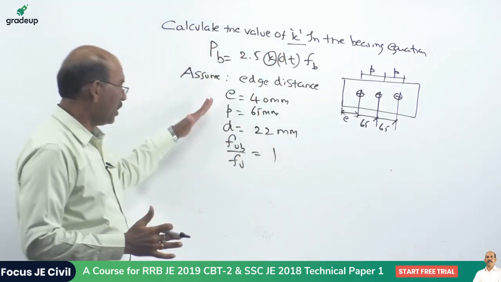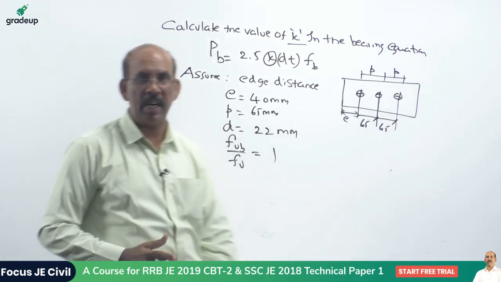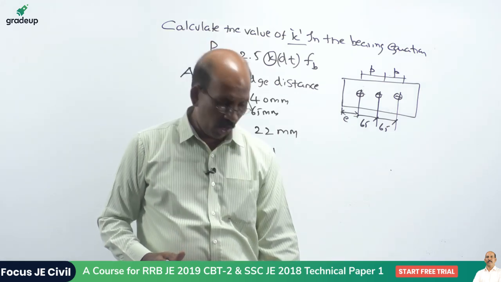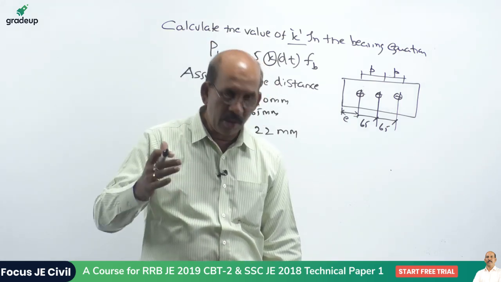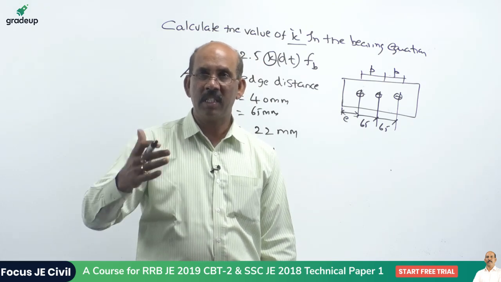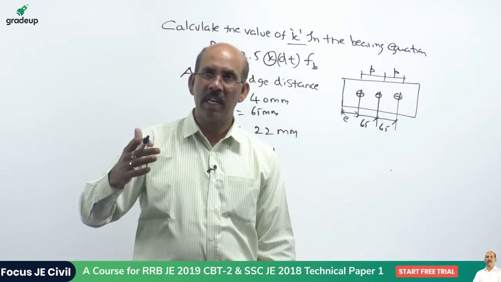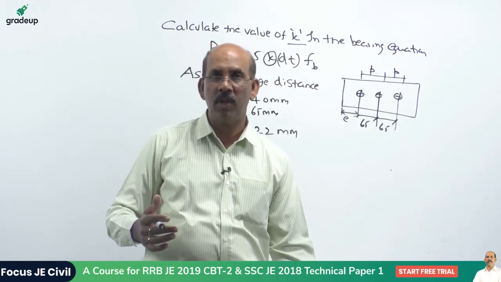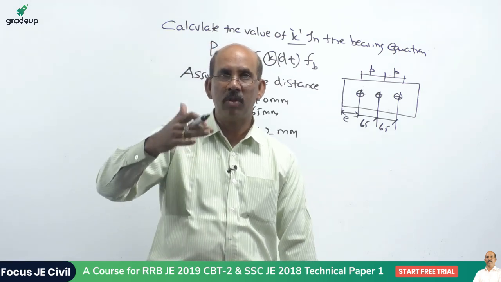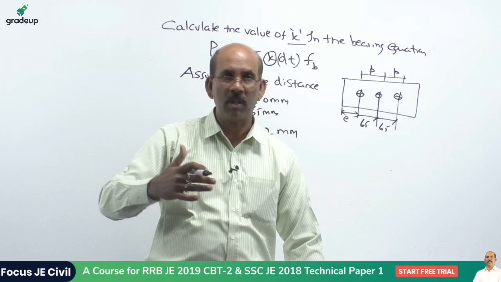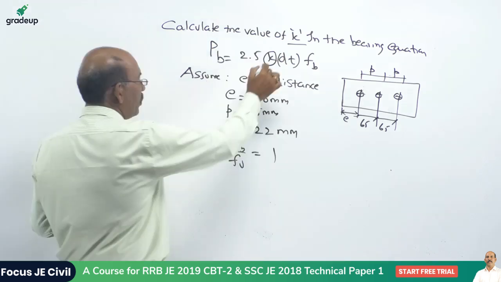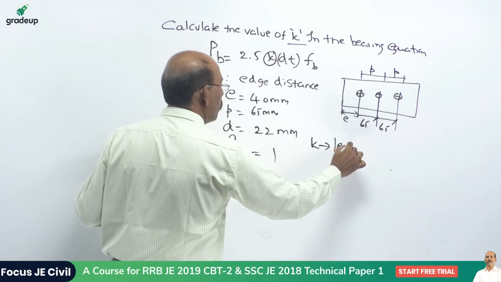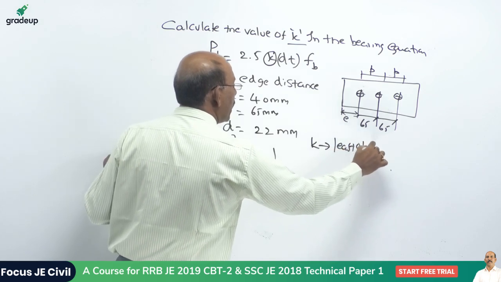As far as this problem is concerned, you have to calculate the edge distance consideration, the pitch consideration, as well as the ultimate and yield stress values. The value of K is the least of three conditions.